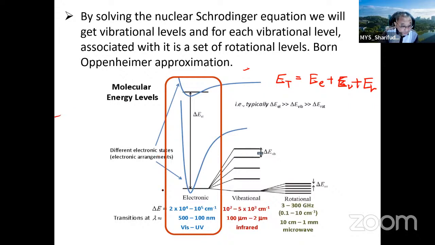For the electronic energy, you can see the energy levels are represented by the curves. So this is the diatomic curve. Whenever there is an electronic transition, you're talking about the transition from this curve to that curve. If you think of the lowest energy, V equals 0, it's a transition from V equals 0 to V equals 0 up there.